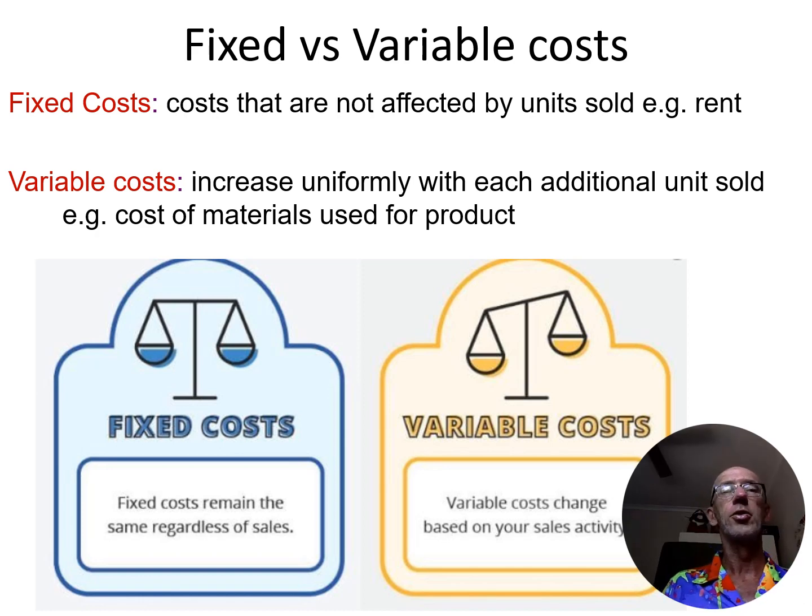A variable cost will increase uniformly, so we can accurately and logically calculate the cost of the raw materials, the input into that actual product, and it will increase uniformly with each additional unit sold.